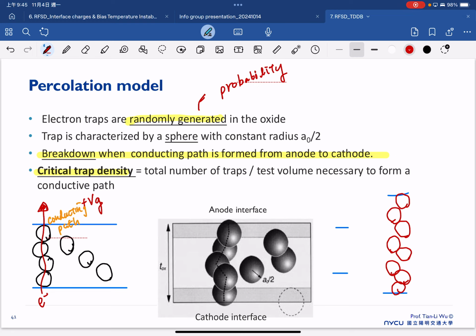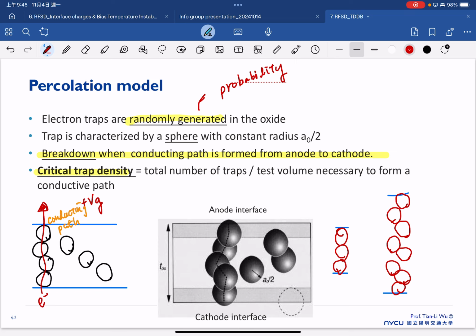So we need a longer time to form this conducting path compared to the thinner dielectric, where we only need 3 defects, so it is much easier to form the conducting path.